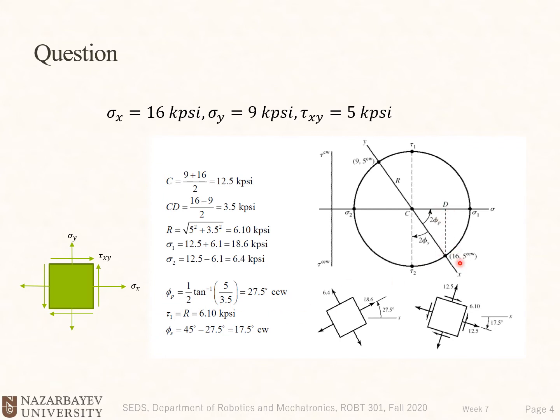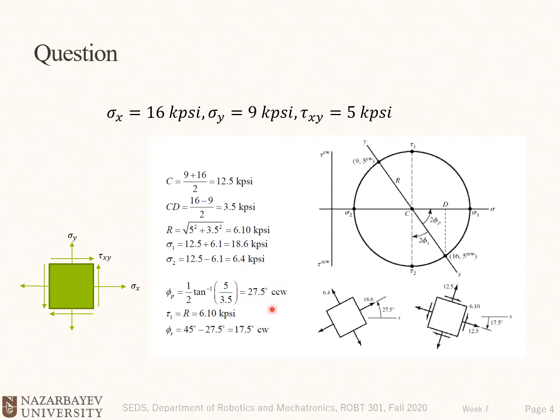We have this right triangle here, so we could easily find phi p: 2 phi p is equal to the tangent inverse of 5, which is this side of the triangle, divided by 3.5, or this side of the triangle, and we could find phi p.